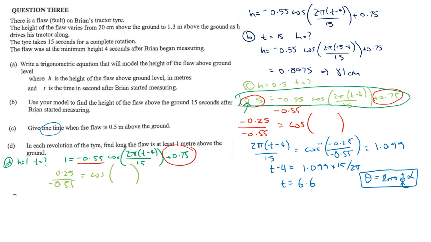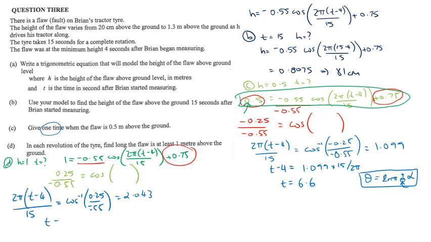So 2 pi t minus 4 over 15 is the arc cosine of 0.25 over negative 0.55. Now that gives me an answer of 2.043.